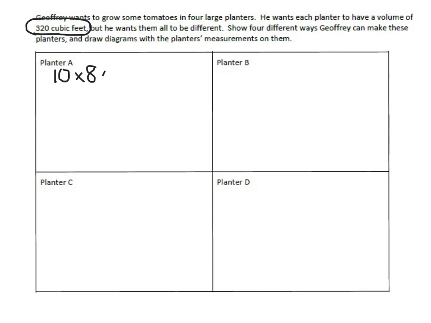I could do 8 times 4. I could also do 10, and I could do 2 by 16, gives me 32. I could also choose a dimension of 5, and that would leave me 64. 5 times 64 is 320, and I know that 8 times 8 is 64.